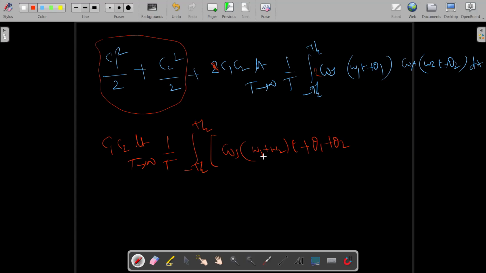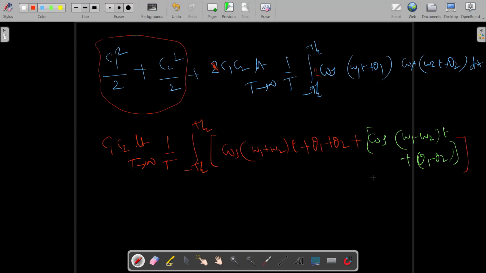This is the cos(A plus B) plus cos(A minus B), right? Plus cos, let us use a different color. So cos(A minus B). What is cos(A minus B)? This is going to be cos of (omega 1 minus omega 2) into t plus theta 1 minus theta 2. So this is the second term, right? So this is the overall third term.